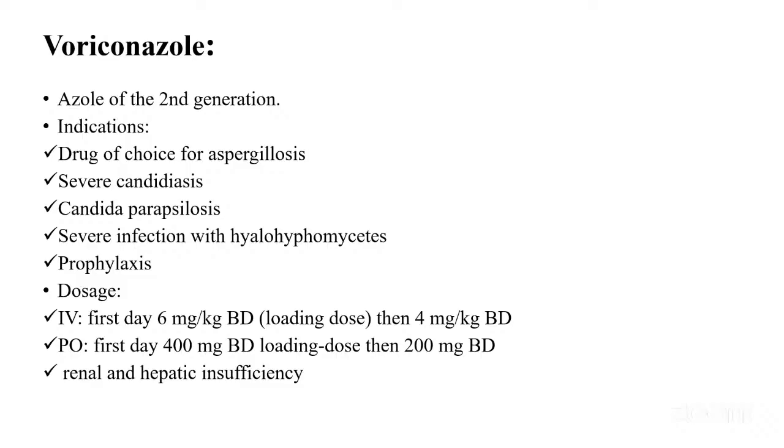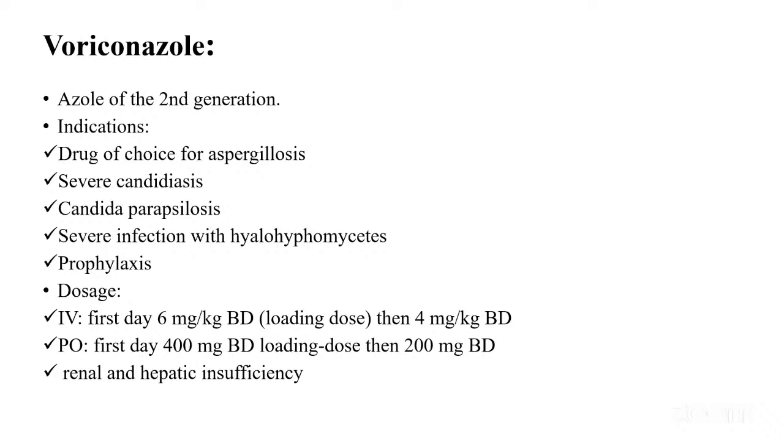Voriconazole is a second generation azole. Indication: drug of choice for aspergillosis, severe candidiasis, Candida parapsilosis, and severe infection with hyalohyphomycosis like Fusarium, and for primary and secondary prophylaxis of invasive mycosis after allogeneic stem cell transplantation.